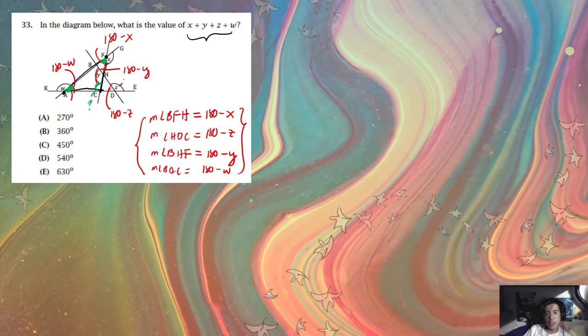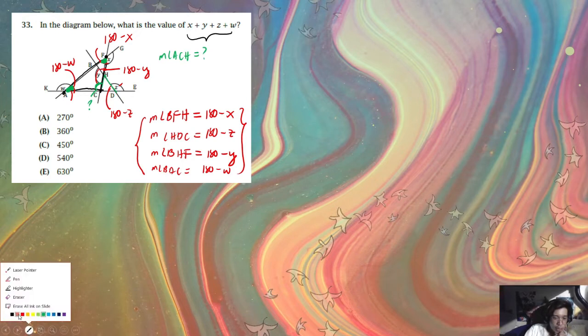So how do we find the measurement of angle ACH for this problem? Since the measurement of angle ACH is missing, and we have here angle CHE, which we haven't found yet, we can also write another angle pair here.